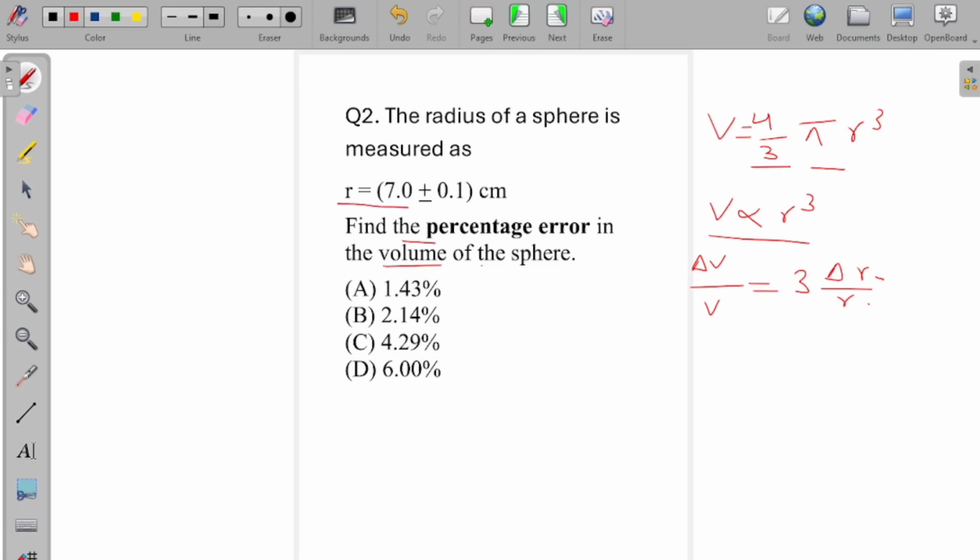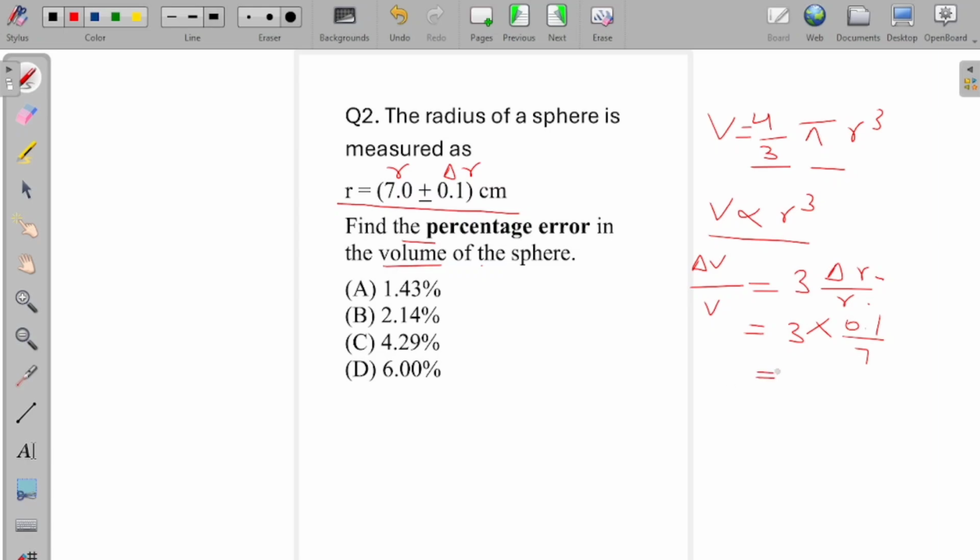And here in the question, two values are already given, 0.1 which is our delta R and 7 which is R. So we will put these values in this equation and we will get 3 into 0.1 upon 7.